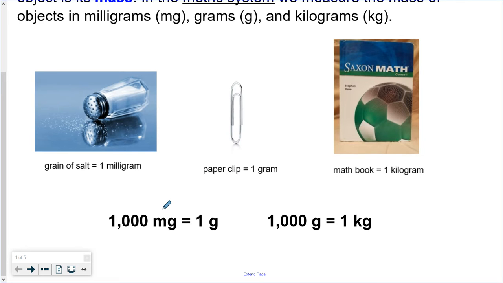So if you look at the conversion, if you were going from grams to milligrams, you're going to multiply by 1,000. But if you're going from milligrams over to grams, then you're going to divide by 1,000. Same over here. If I was going from kilograms to grams, again, I'm going to multiply by 1,000. But if I'm going from grams to kilograms, it looks like I'm going to divide by 1,000. We're going to come back to that in just a little bit.